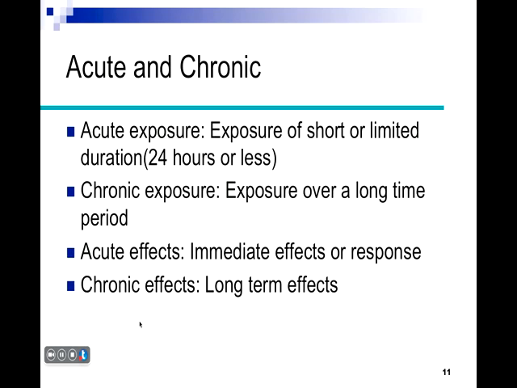Now, it's important for both exposure situations and for effects to understand how a person will be exposed to a chemical in what time frame, because the same chemical can have a different type of effect depending on the exposure situation. Let's take alcohol. It's a chemical that most college students are pretty familiar with. Acute exposure has a unique acute effect.